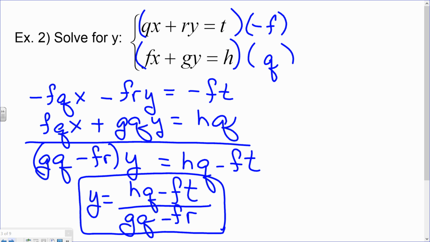Okay, then switching over to the second topic for today, which has nothing to do with this: linear variation. So we've learned direct variation, inverse variation, joint variation before. So this is going to be another one of those kinds of problems.